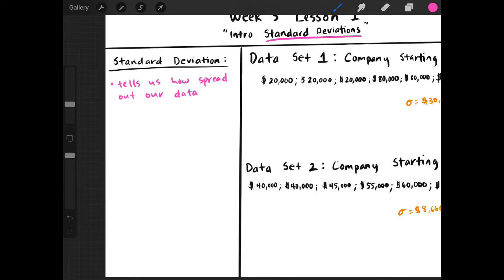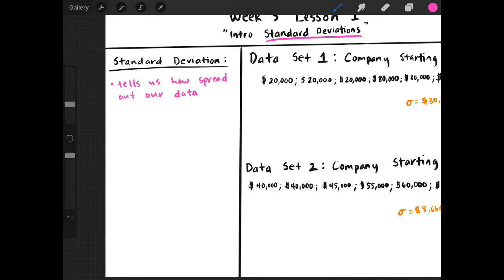If we have more spread out data, a bunch of numbers, let's say they range from like 1, 3, 6, and then like 19, 30, it's going to have a bigger standard deviation, where if we had numbers that were really close together, where they're all very, very similar, that's going to have a smaller standard deviation. So the more spread out, the bigger the standard deviation. The less spread out, the smaller the standard deviation.